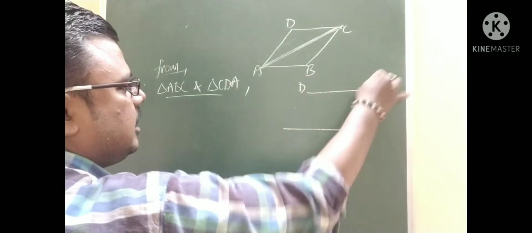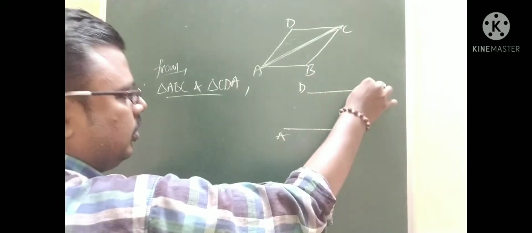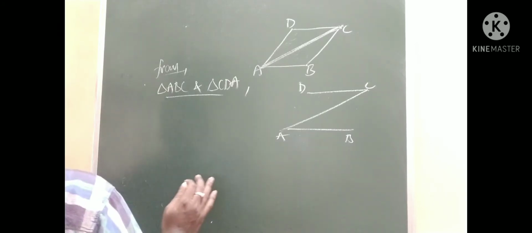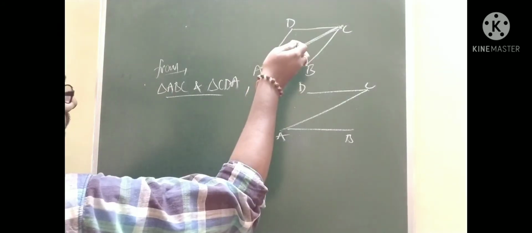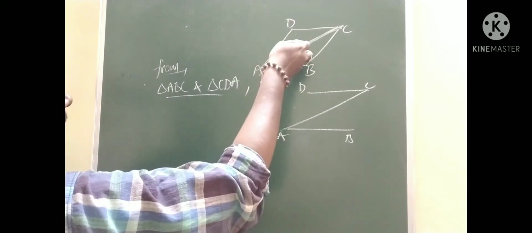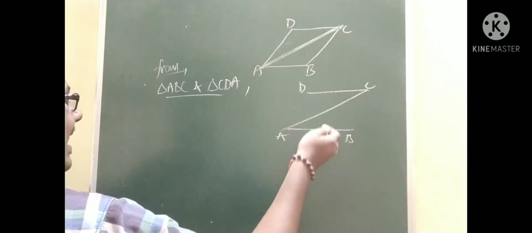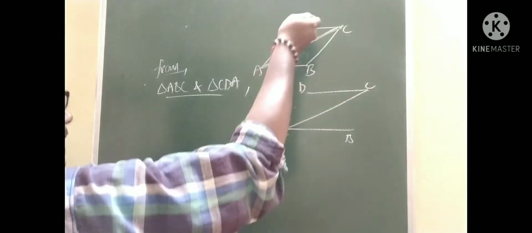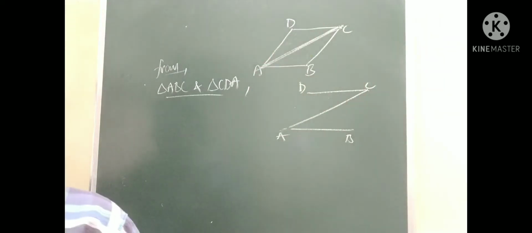This is DC and this is AB. So this line will be considered a transversal. A diagonal of a parallelogram divides it into two congruent triangles means I need to take these two parts. Between DC and AB, I can see that diagonal AC serves as a transversal.